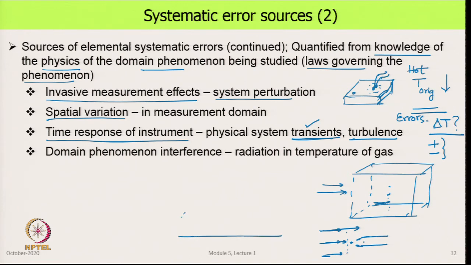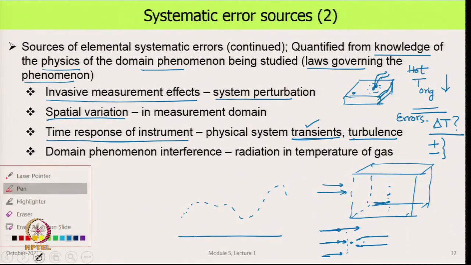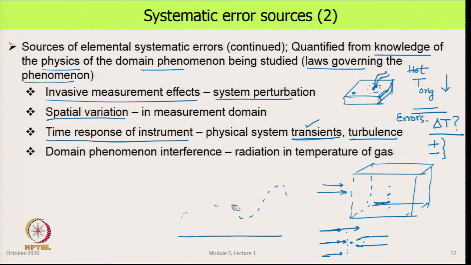Say the system was going like that. Say it is going like this and then picking up again. And this is time, and this is the signal value or the parameter value, sorry.